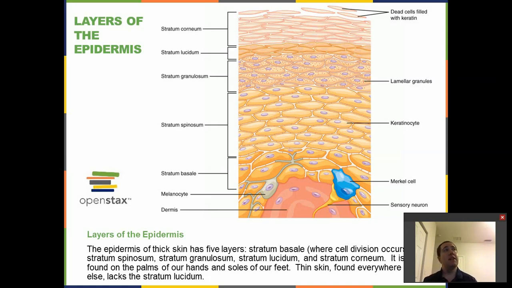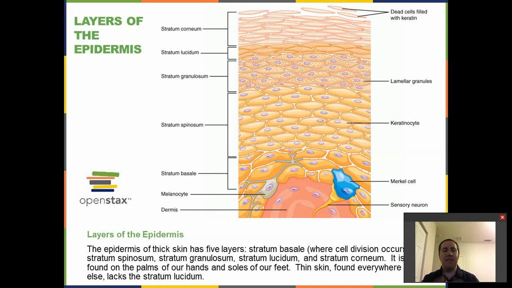Actually, I don't know. I've never had a corn. I actually don't even really know what a corn is. But maybe a corn is a buildup of the stratum corneum. I could be completely wrong. I'm not going to take the time to look it up now. But you can look it up. You're probably doing it right now because I'm not looking at your screen. But don't quote me on it.